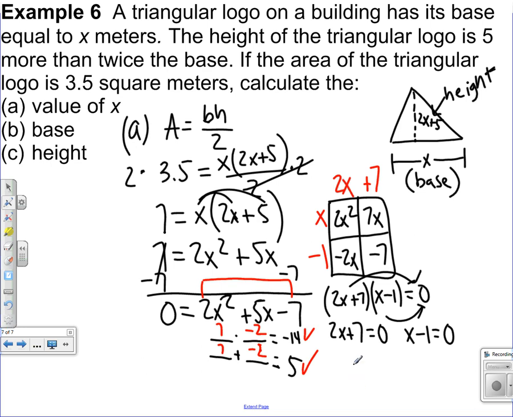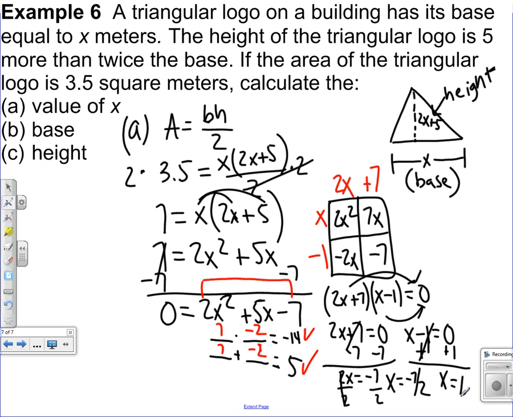This first equation, to solve it, subtract 7 from both sides, right? Divide both sides by 2. And so one solution is negative 7/2. This equation, to get x by itself, we add 1 to both sides. And so the other possible solution is 1.